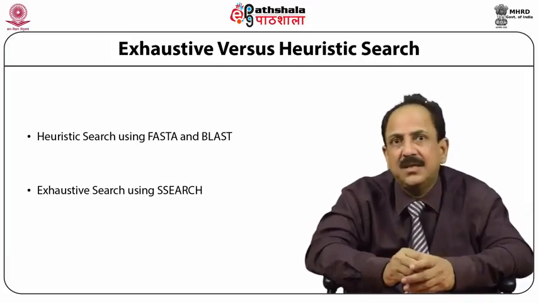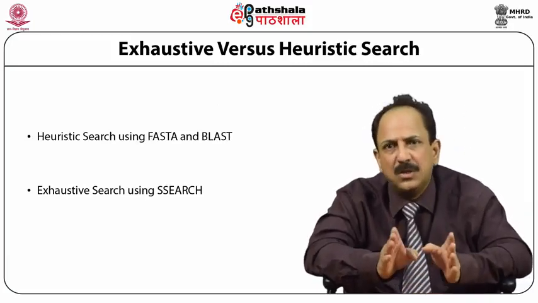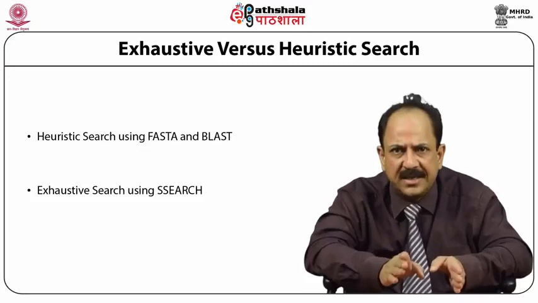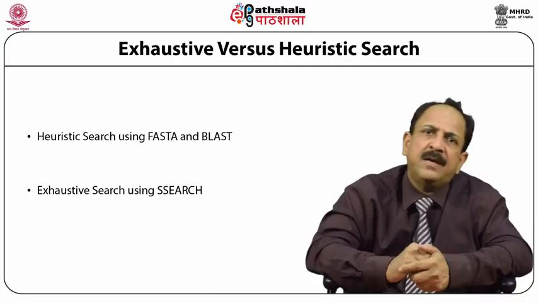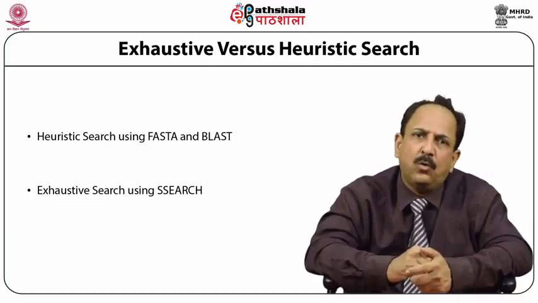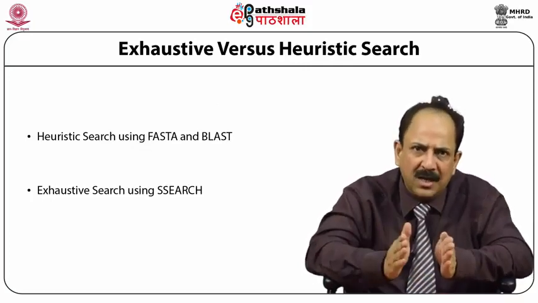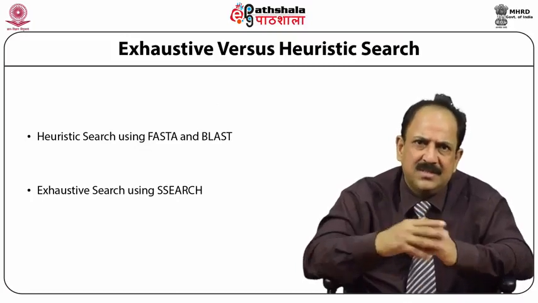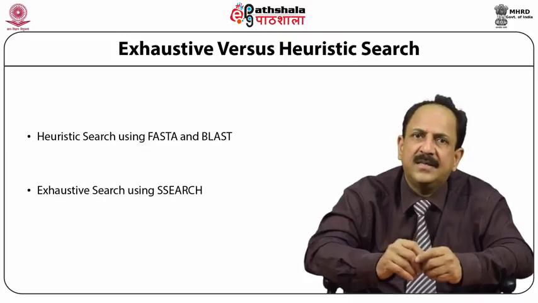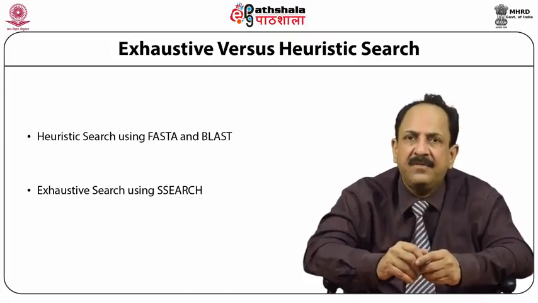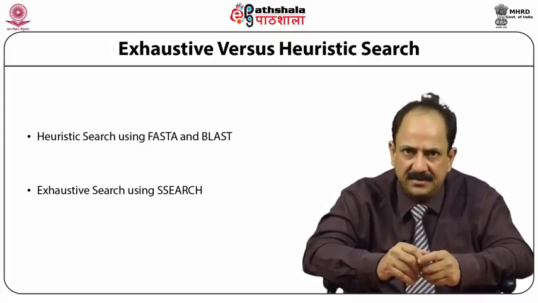This modification allowed the regions with local similarity to be detected and aligned. Therefore, the Smith-Waterman method of dynamic programming produced local alignment between two sequences. This is implemented in S-search to find similar sequences having local similarity.